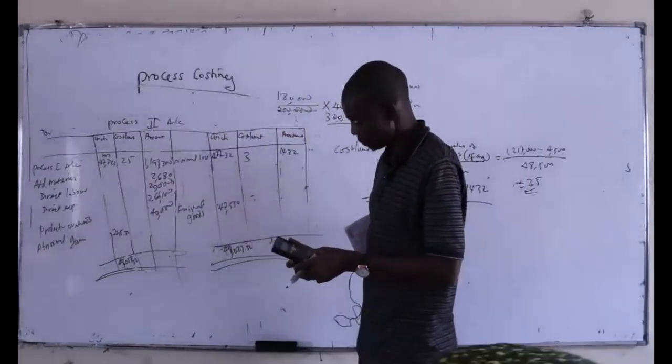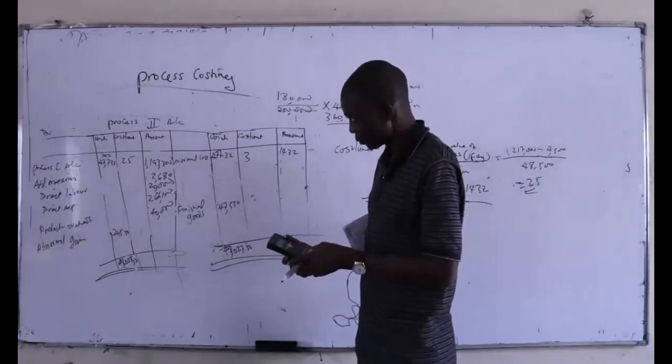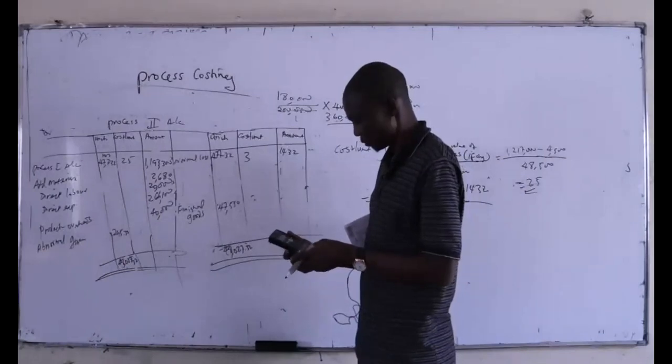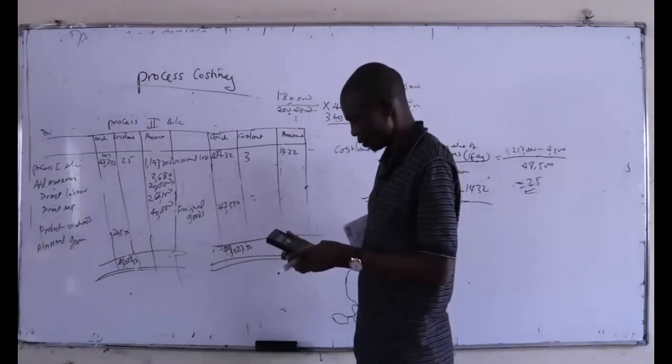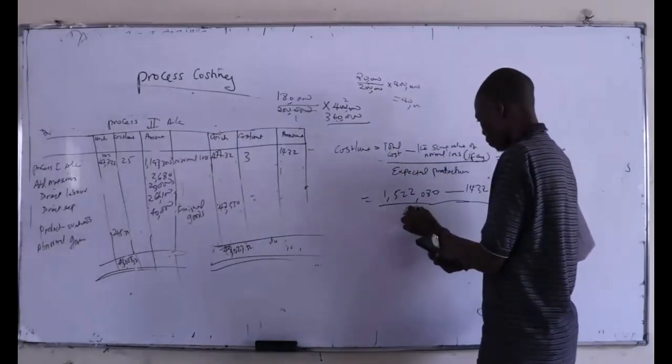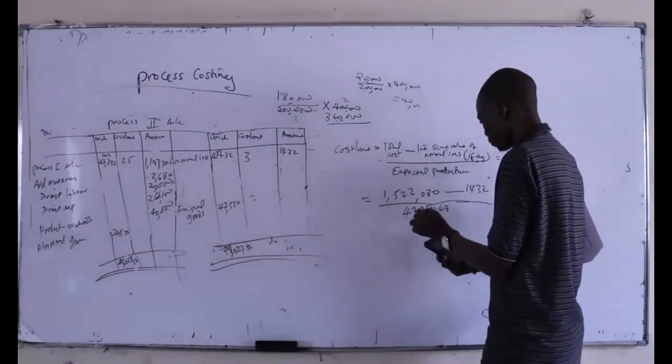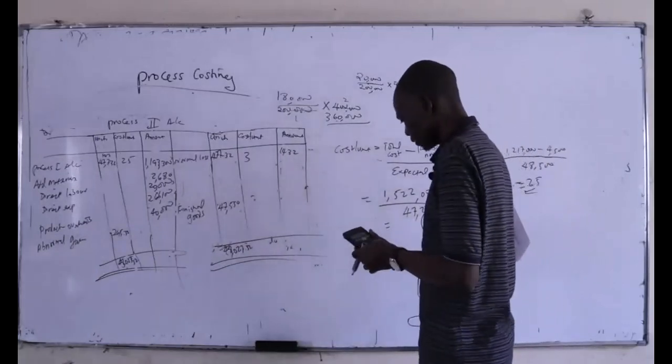So it is 47,732 minus 477.32. So the expected production ought to have been 47,254.68.